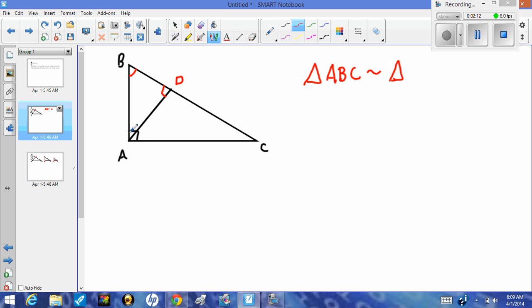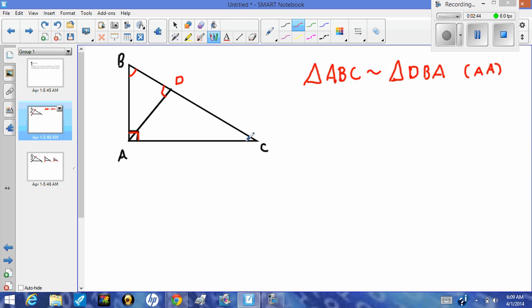Angle A is the right angle of the large triangle, so its corresponding angle would be angle D. B is next, and that's the shared angle, so I have to write B. And the last one is A. So there are the corresponding angles. A corresponds with D, B corresponds with itself, and C corresponds with A. And that is proved by angle, angle.